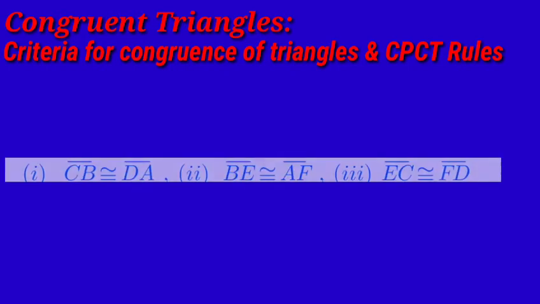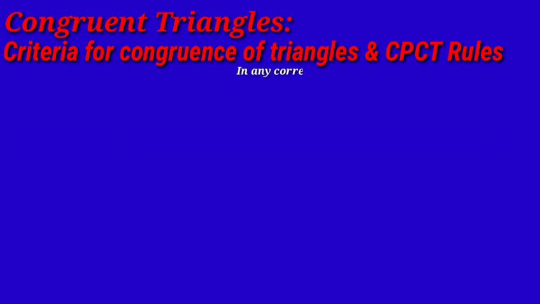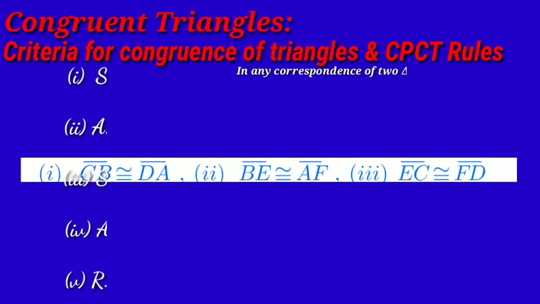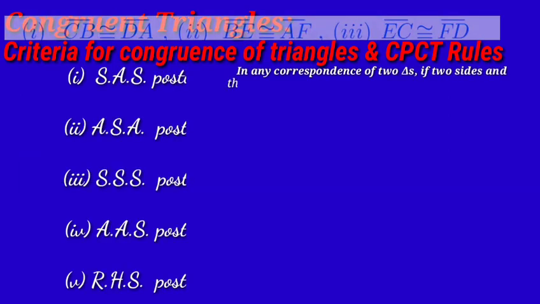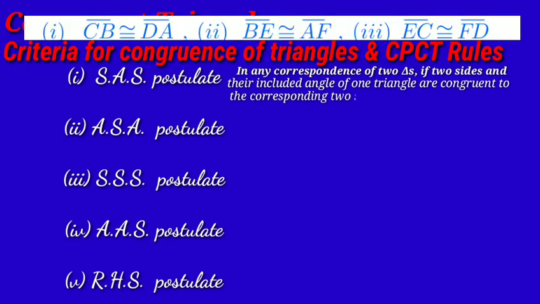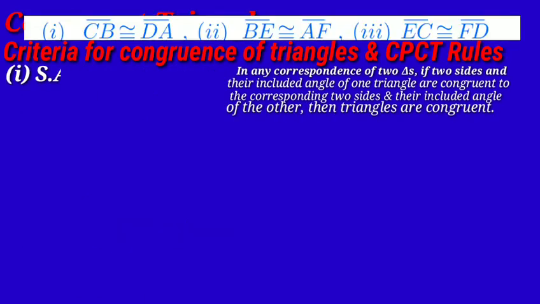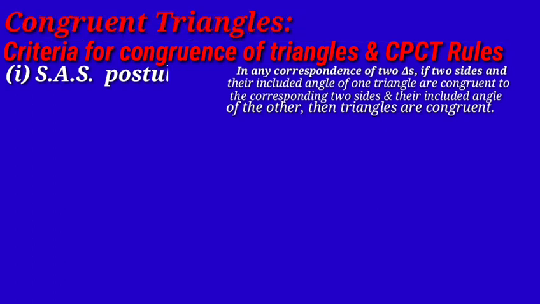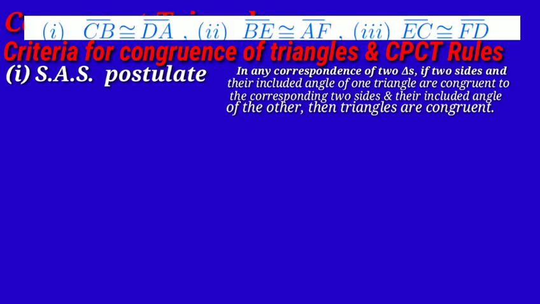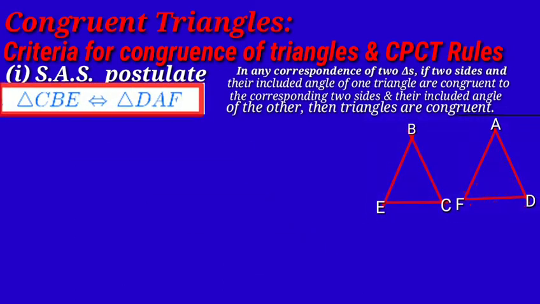But only 3 corresponding pairs of components can also make the two triangles congruent, in the form of side, angle, side postulate, while the remaining 3 pairs can be found with respect to the CPCT rule. CPCT means corresponding parts of congruent triangles.